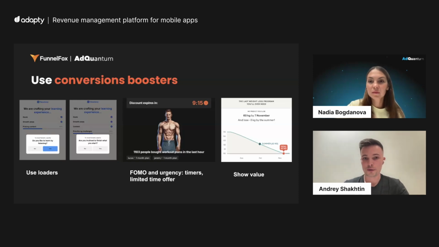And the FOMO effect is also very effective on the paywall. You can use time-limited discounts with timers, like in the example.